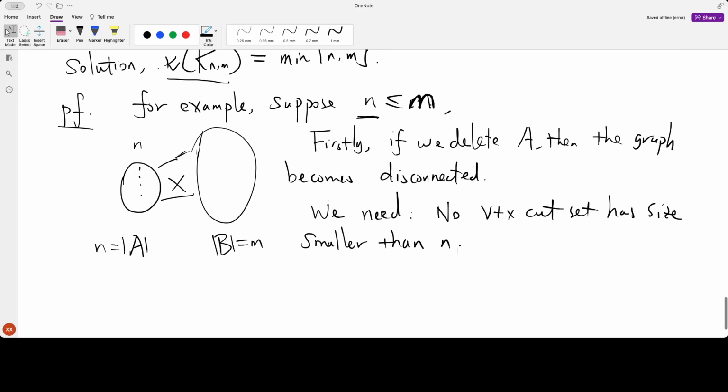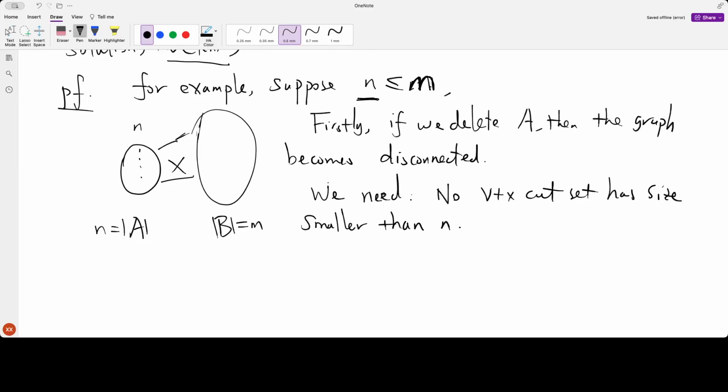So for this, we observe that if a set does not cover each part, does not cover A, does not cover B, does not cover either part.